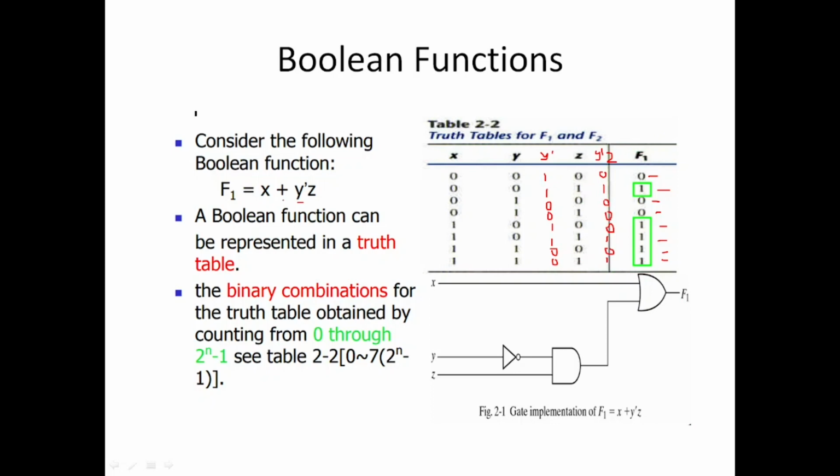So for y dash we use a NOT gate, for y dash z we use an AND gate, and for x plus y dash z, for this plus we use an OR gate. This is the way we implement the Boolean function. Implementation is nothing but the circuit diagram.